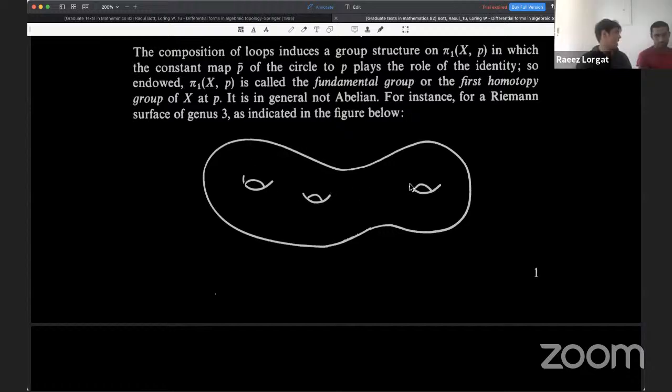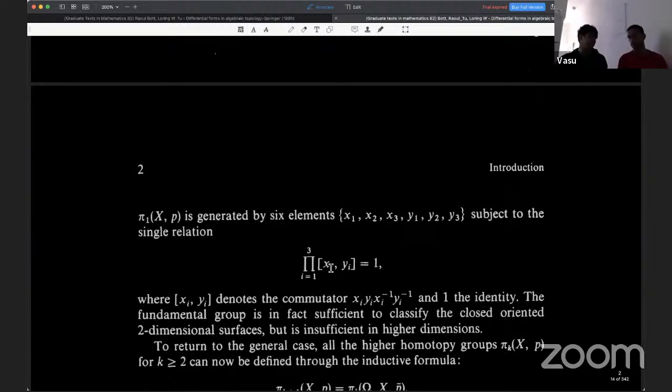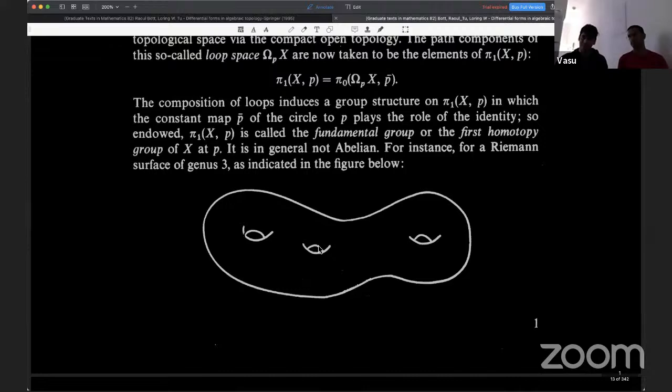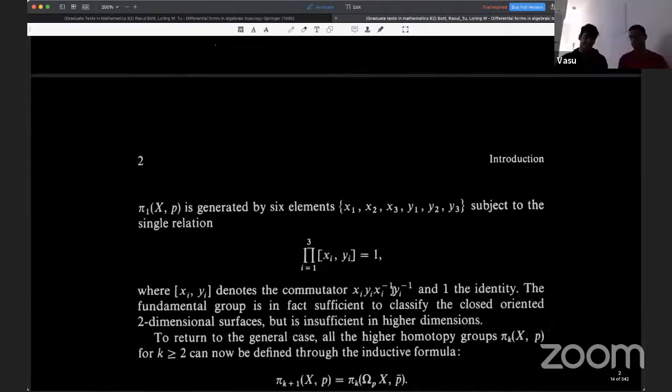And that's why there are exactly 6. A little bit of thought and exercise for the viewer: trace it out, draw it out on a genus 3 Riemann surface, what it means to go around one of these loops and then another one like this, and then to do the inverse in this order, and convince yourself that you can contract the result down to a point.